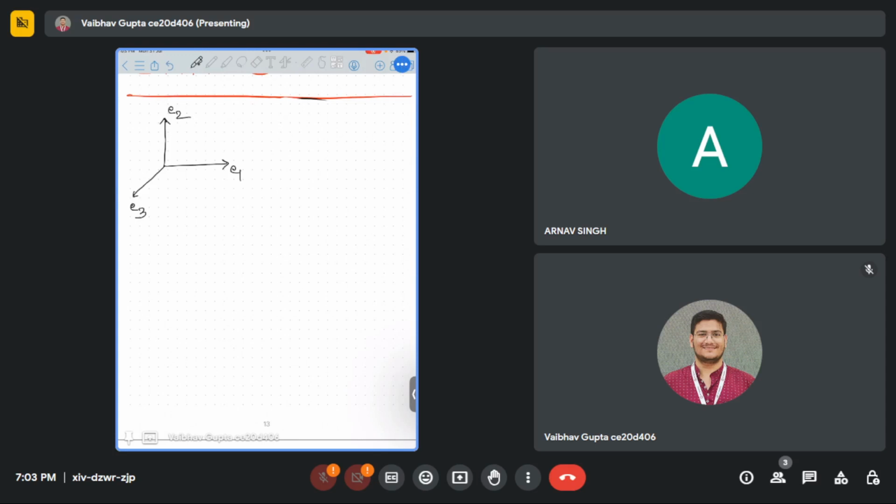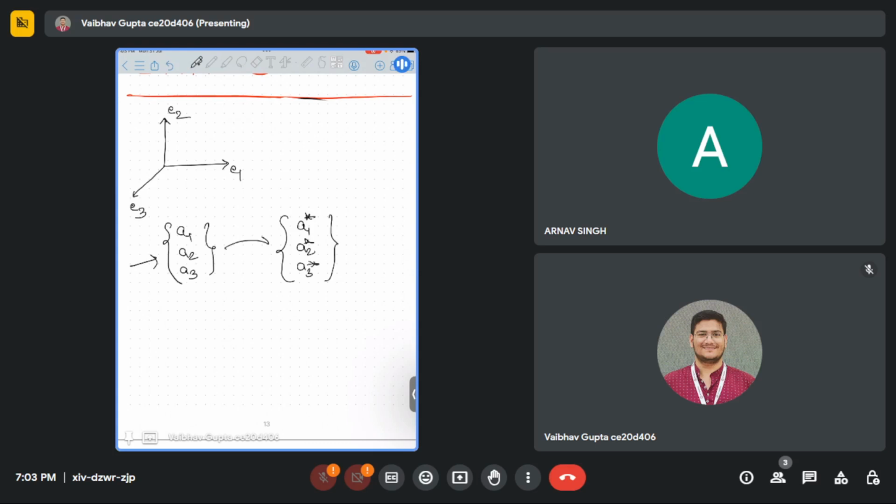What we said in the lecture is that a vector can be presented in any form. Suppose someone says that they have noted the vector as a1, a2, a3. And another person says that they have noted the vector as a1 star, a2 star and a3 star. Both are correct.